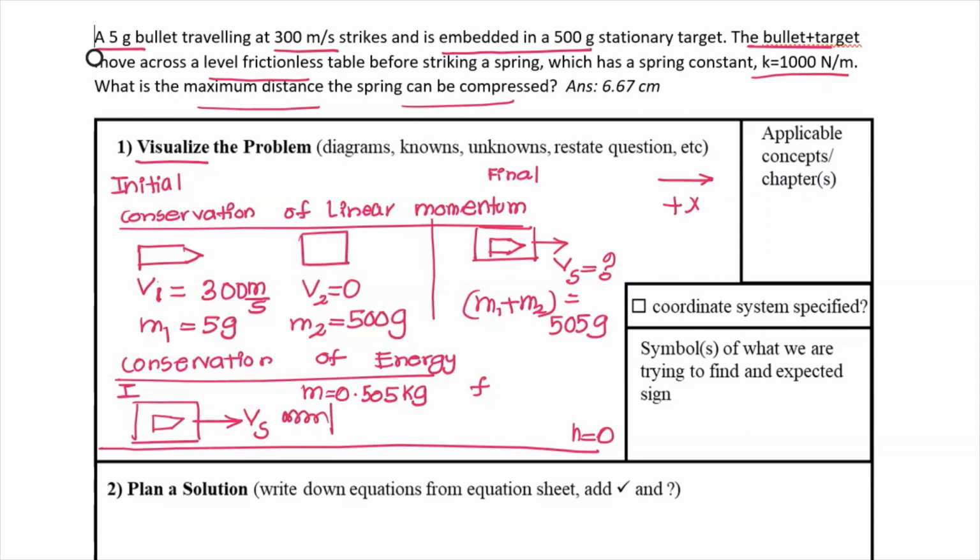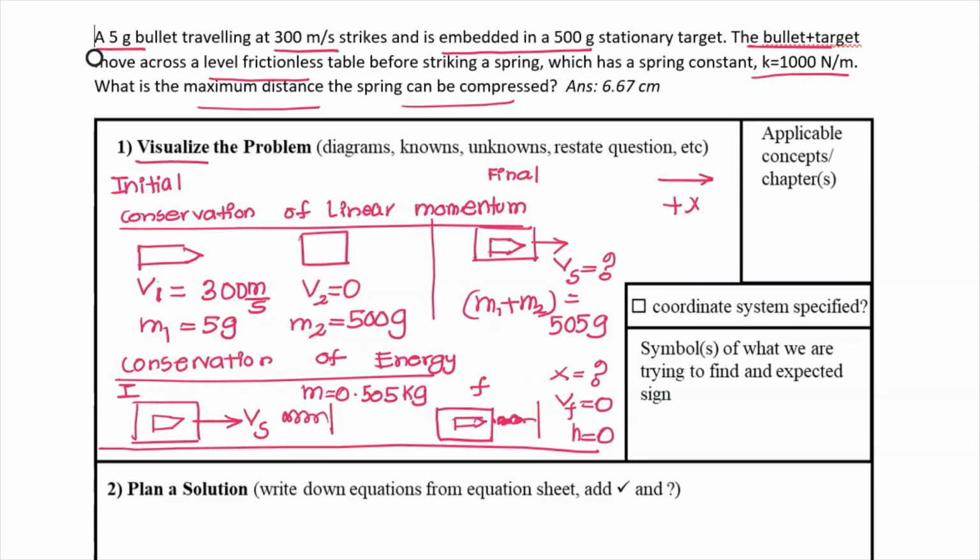The spring is neither stretched nor compressed initially, and then the system is going to move on a frictionless surface and compress the spring to a maximum amount, which means the speed of the system at the final stage would be 0. We have to calculate the compression.